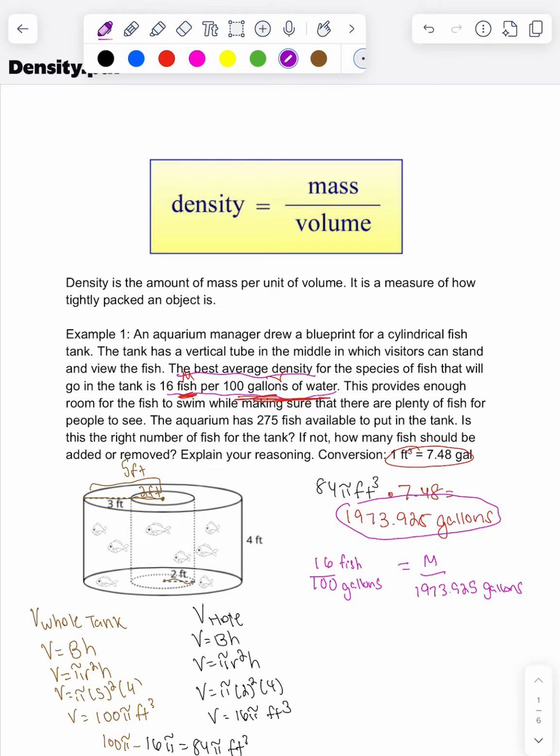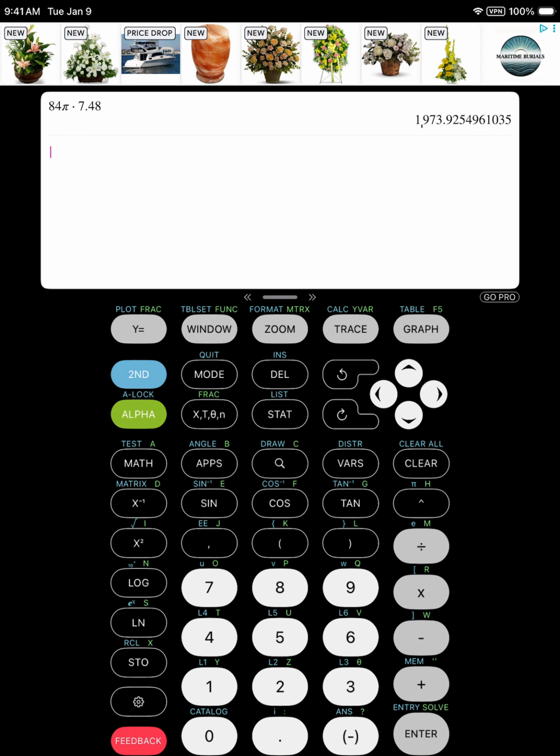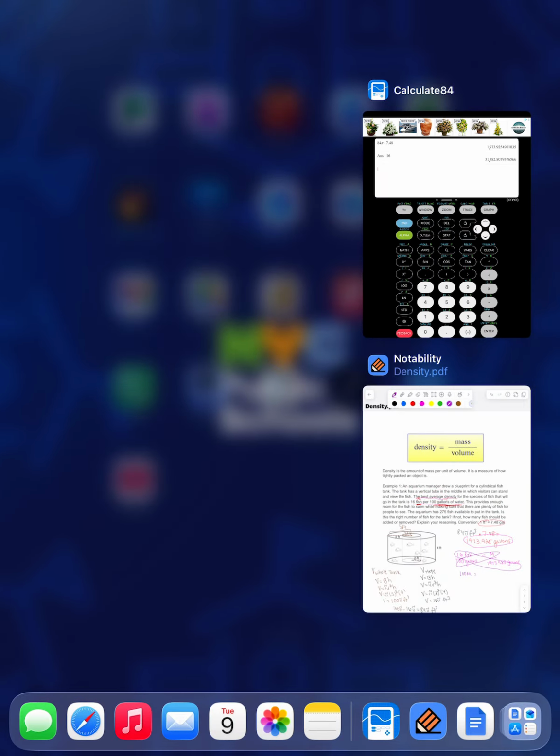And now we can cross multiply and we can figure it out. So I have 100 m equals that really long number times 16. Let's do it. 31582.808.